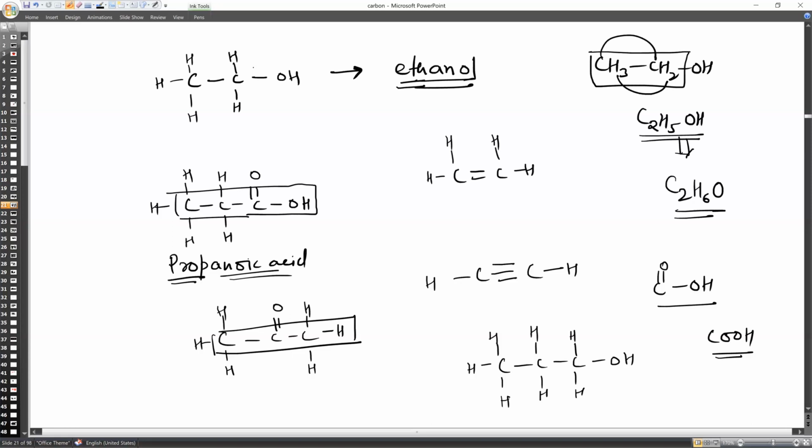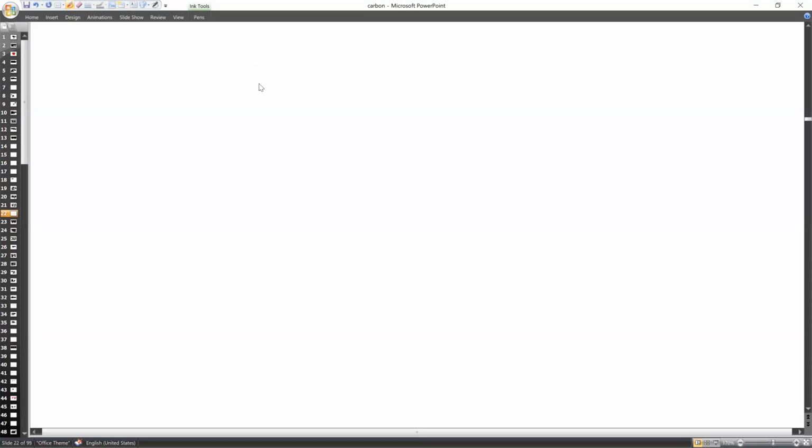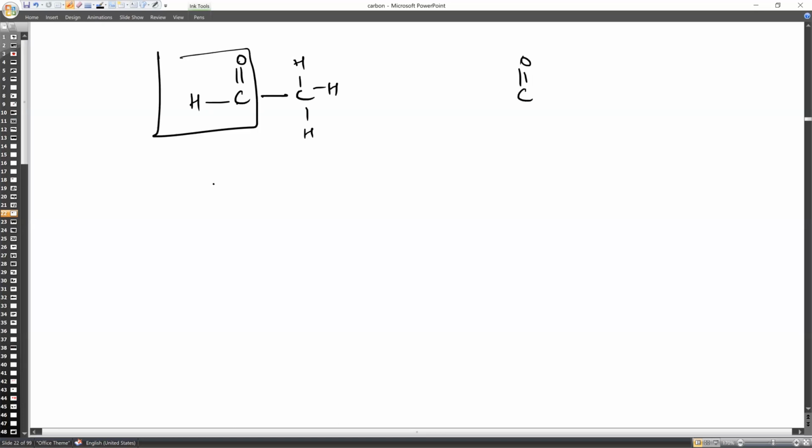If you put the double bond at a terminal carbon, and this is the 2 carbon, and you write CH3, this is the ketone group CO. And if you put this H here, then this becomes an aldehyde, CHO. So at least 3 carbons are needed.